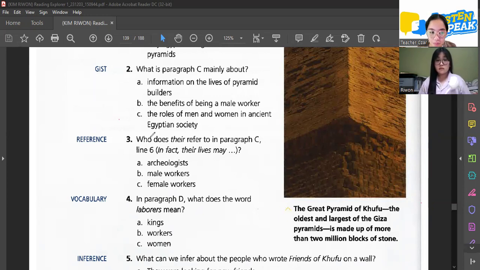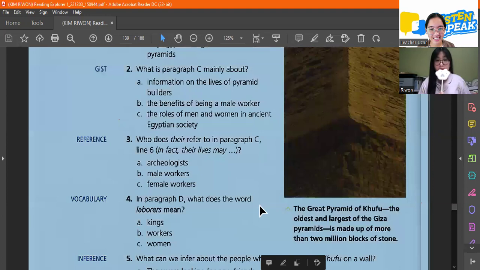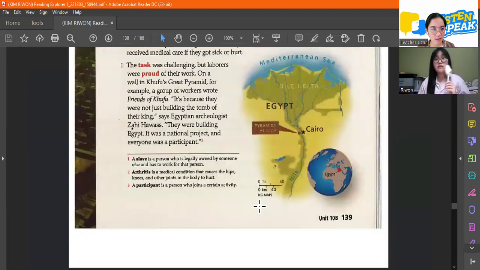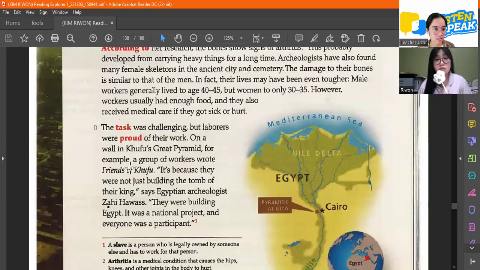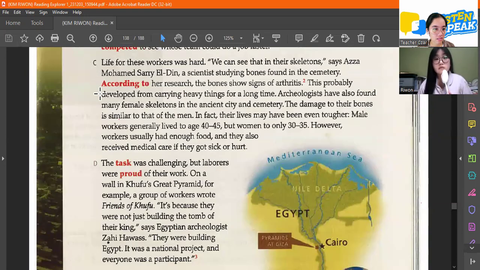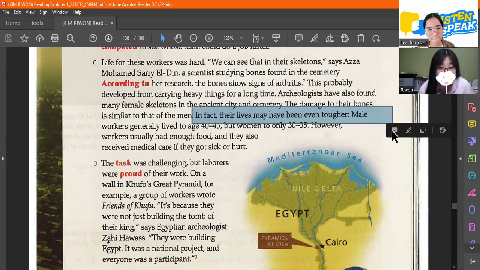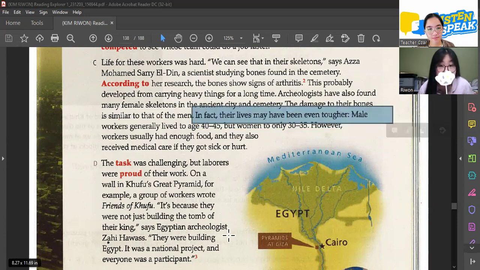Now, about number three. Who does they refer to in paragraph C, line 6? Okay, so line 6.